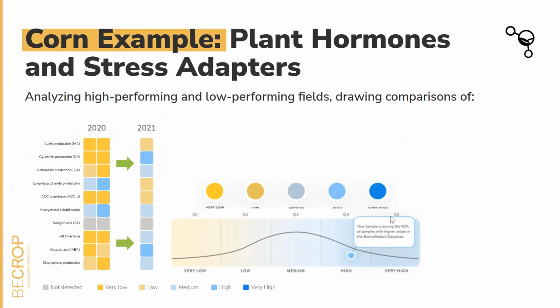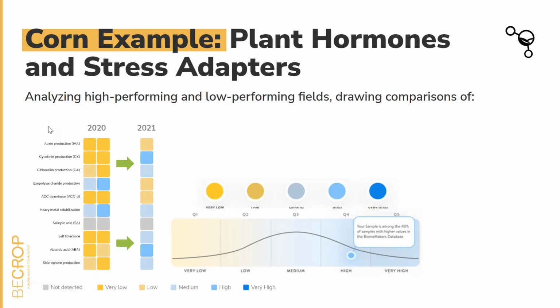So let's just continue with this example and look at some of the other things that may be impacting the stress or the yield, excuse me. So again, we talked about the function of the soil biology and all of the different things that might influence yield. Well, nutrient pathways, like we looked at, were one example. Another example is the hormone production and stress adaptation.